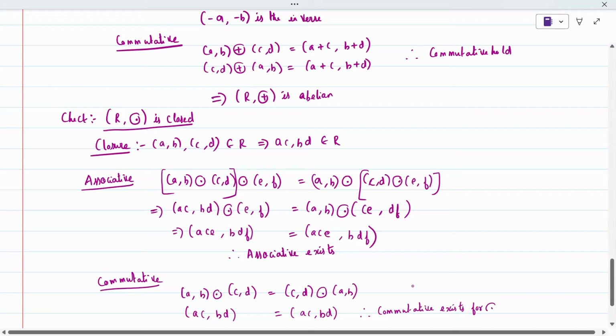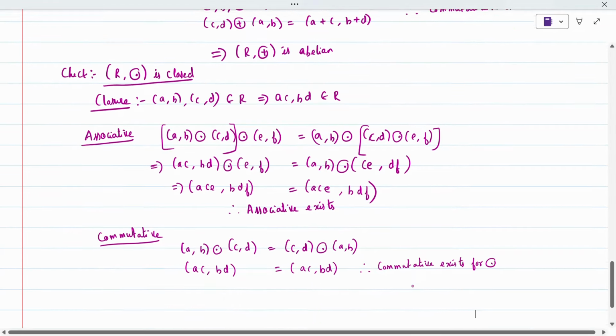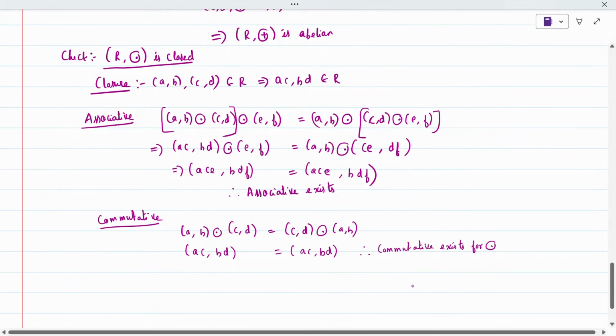Now we have to prove it for the inverse. So what will be the inverse? I don't know which will be the inverse.